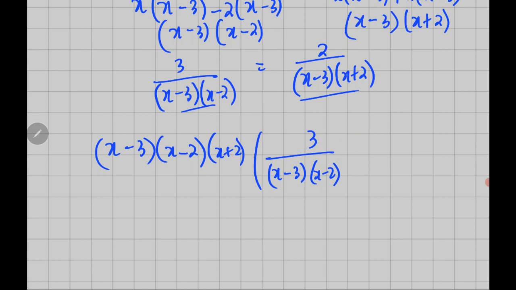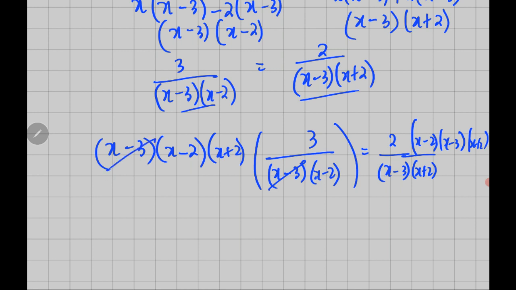So this one cancels with this one. Here we get 3 times x plus 2 is equal to 2 times x minus 2, since x minus 3 cancels and x plus 2 cancels.